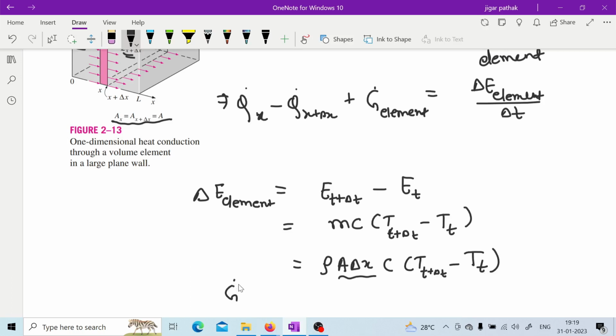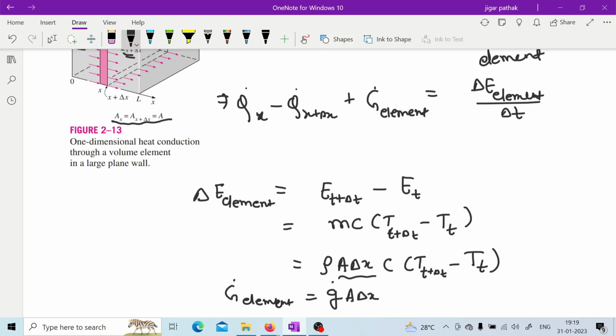Similarly, the energy generation can be mentioned as, let us say, energy generation per unit volume G, and we can multiply it with this volume A delta x as we have seen above, right?